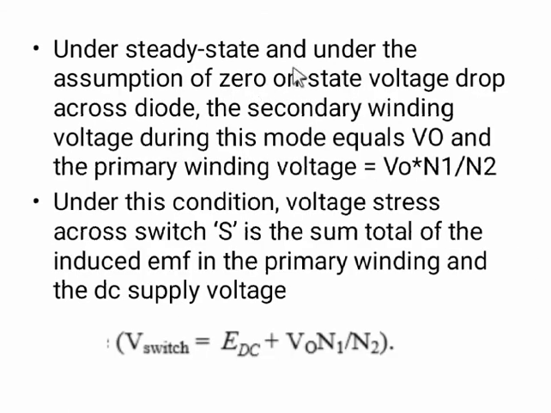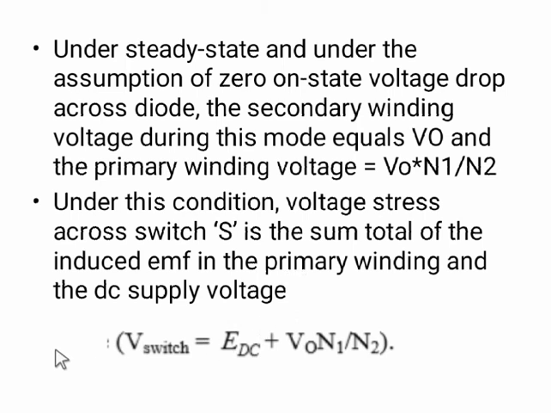Under steady state, under the assumption of zero on-state voltage drop across the diode, that means if we assume the diode is ideal, no voltage drop across the diode, the secondary winding voltage during this mode is equal to V0 and the primary voltage is V0 into N1 by N2. Under this condition, the voltage across the switch S is the total of the induced EMF in the primary winding as well as the input DC supply.